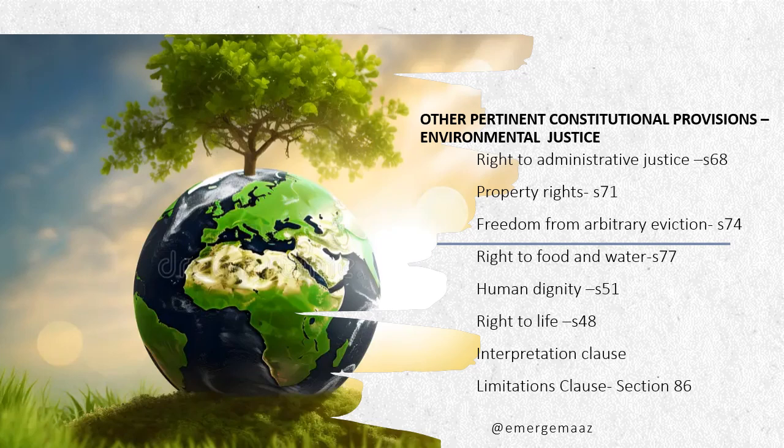Procedural fairness in the decision-making process of a potentially environmentally harmful project is important, right? We see that in the Save the Vaal case, right? The need to hear all interested parties, the need for public participation, and so forth. All those things are speaking to the right to administrative justice. And it is this right that will ensure that there is the right to a healthy and safe environment.